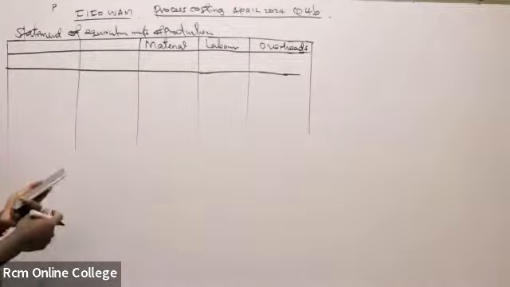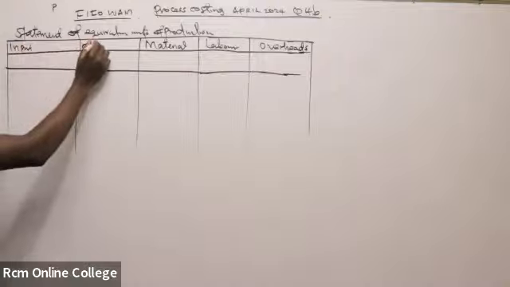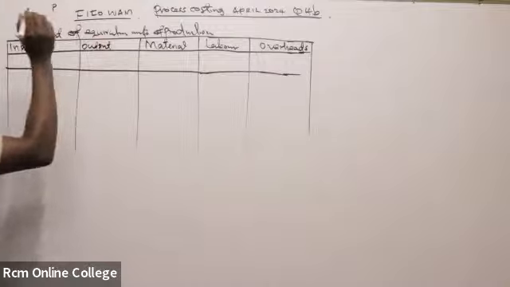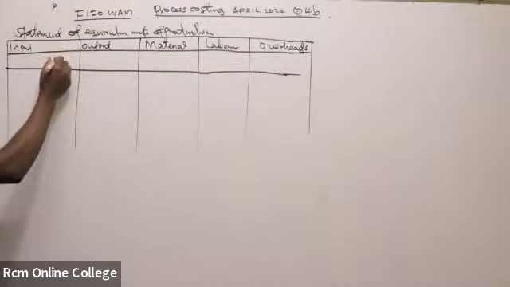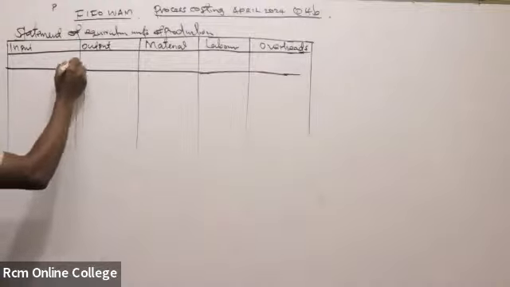Then here we have input, and we have output. If you can recall, that is the process account or the throughput account. So we have the information here.